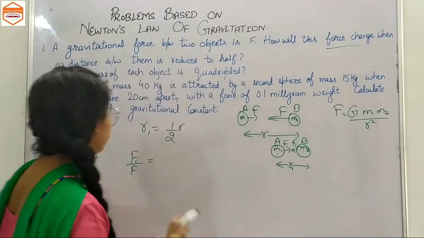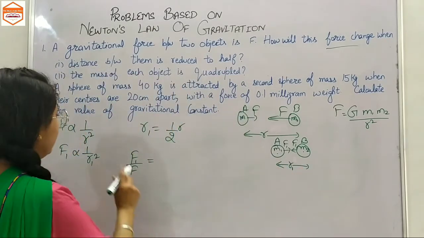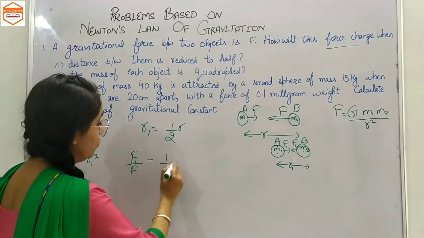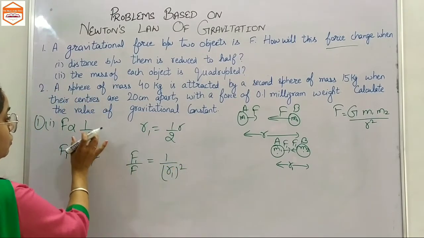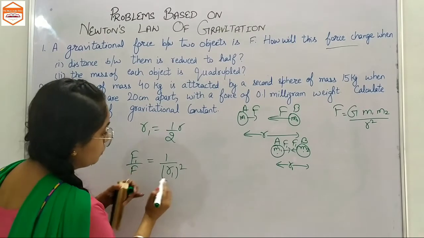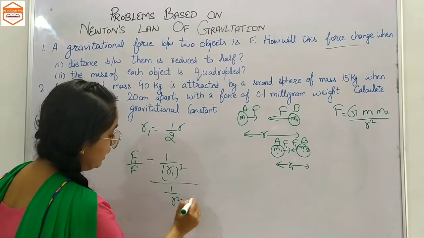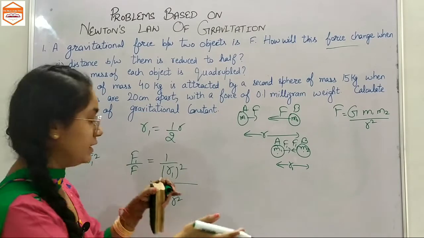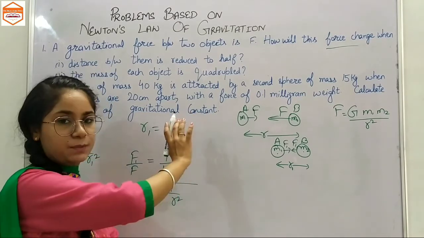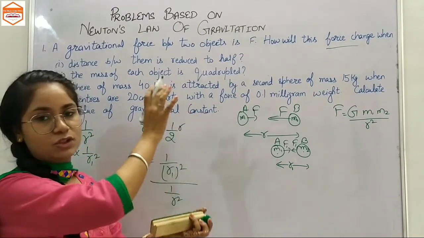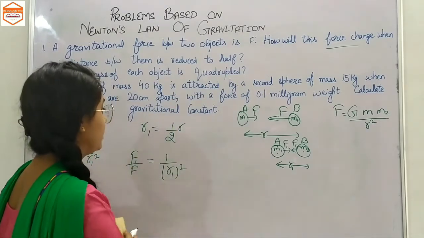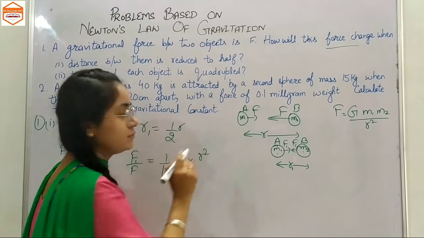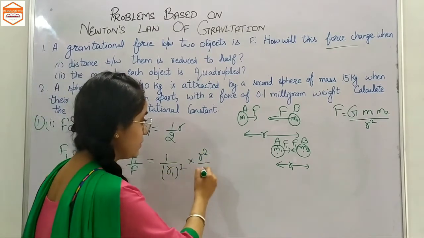Now this F1 would be proportional to 1 over R1 squared. This F would be proportional to 1 over R squared. When we try to solve it, this one would go here with the reciprocal. The numerator becomes the denominator and the denominator becomes the numerator, and this would be written like this.